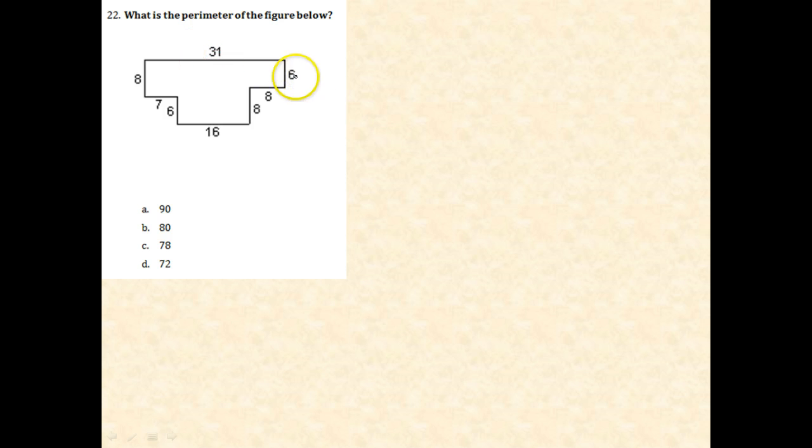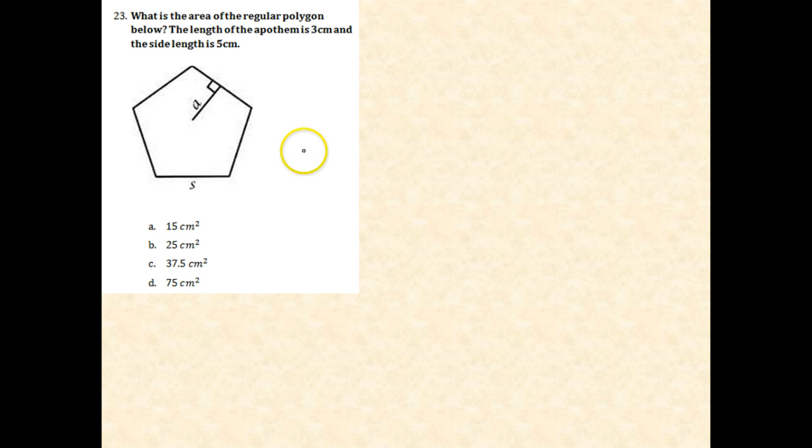So 31 plus 6 is 37, plus 8 is 45, plus another 8 is 53, plus 16 is 69, plus 6 is 75, plus 7 is 82, plus 8 is 90. So the answer here is 90.